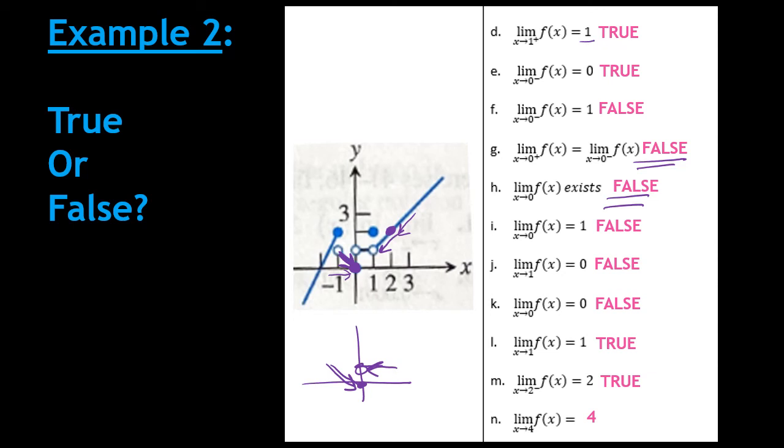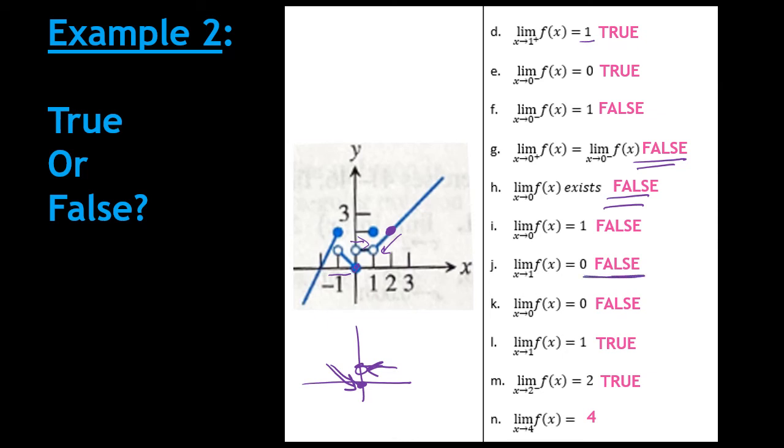J, now we're looking at 1. So let's look at what happens when we approach 1. If we come in from the left and the right, as we come in from the left, we are approaching a y value of 1. So here we're approaching a y value of 1, and when we come in from the right, we're also approaching a y value of 1.